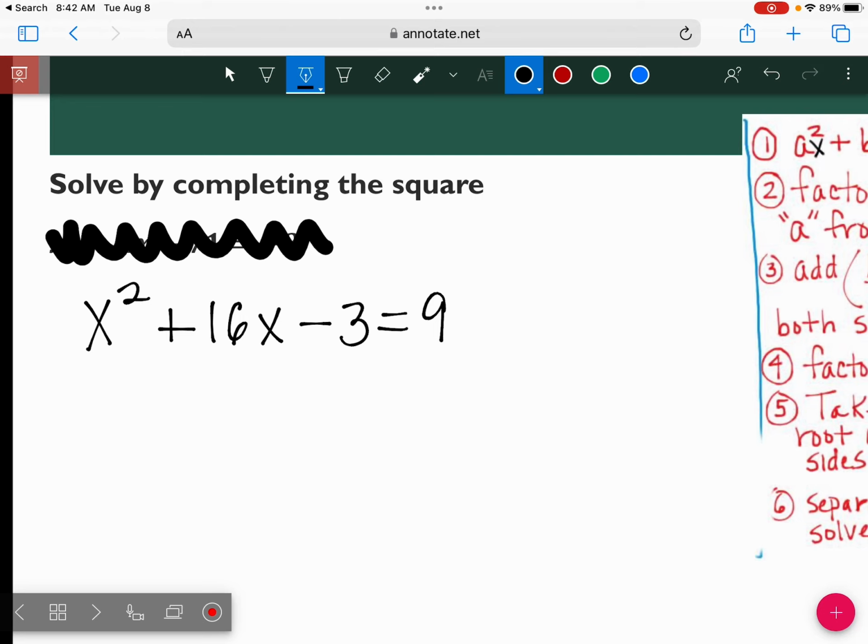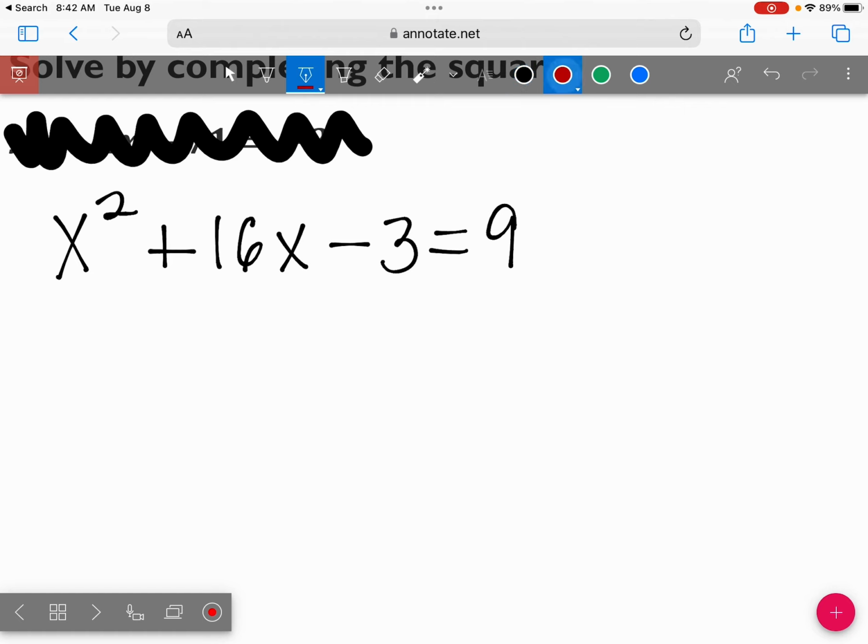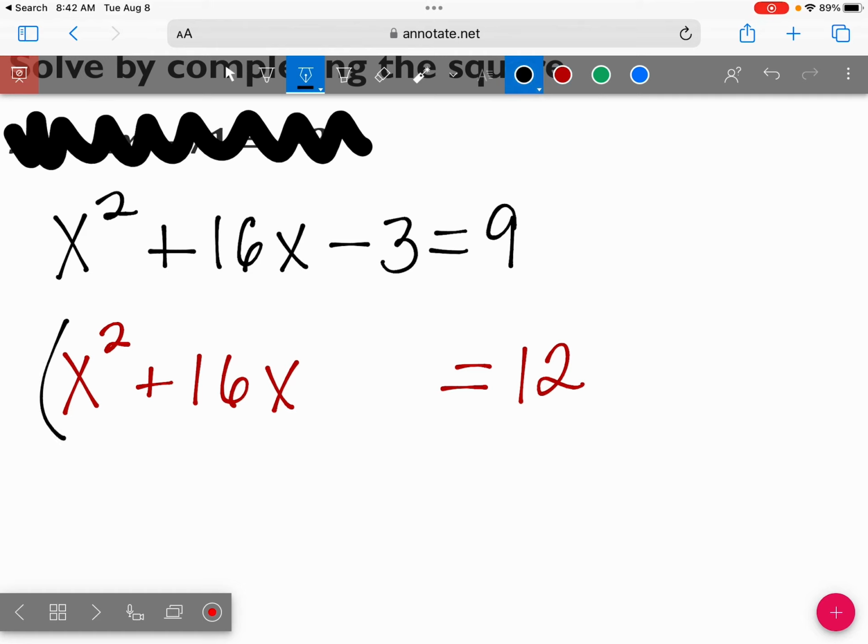The first step would be what? What should we do first? Add 3. On a good note, everybody I saw added 3, so we got a half a point. That's what we should have. So now we need to complete the square because this is incomplete, and I need to create a perfect square.